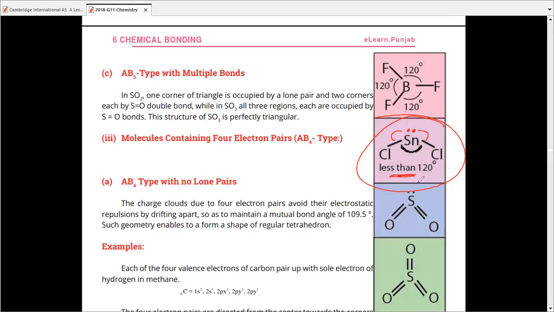Can any one of you explain why this angle is less than 120 degrees? Come on, let's try.